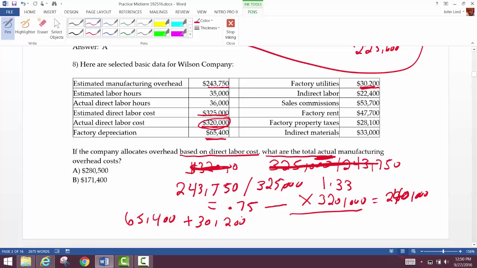Anything else for the actual? Factory rent, 47,700. Anything else? Property tax, 28,100. Anything else?